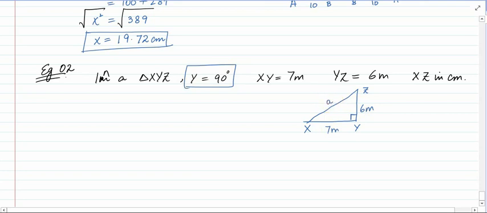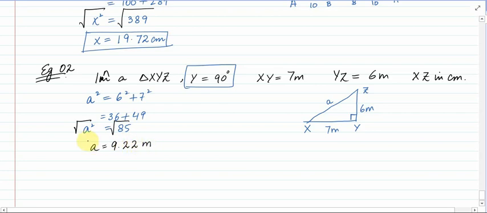Since it is a right angle triangle, we can apply Pythagoras theorem. So it will be a square is equal to 6 square plus 7 square. Now 6 square is 36 plus 7 square is 49, right? So 36 plus 49 is equal to 85, equal to a square.